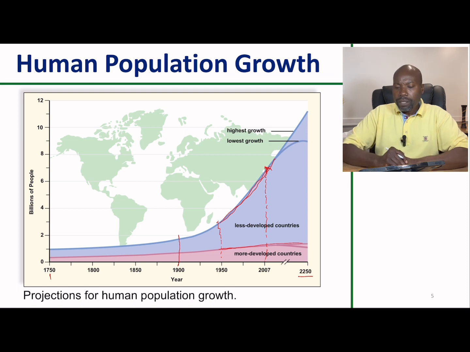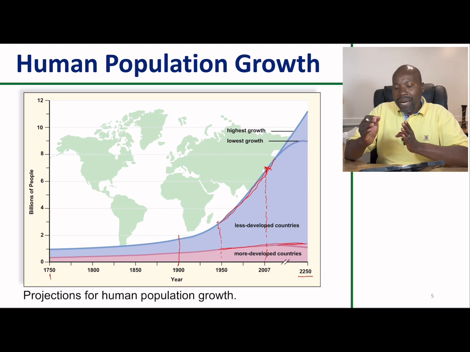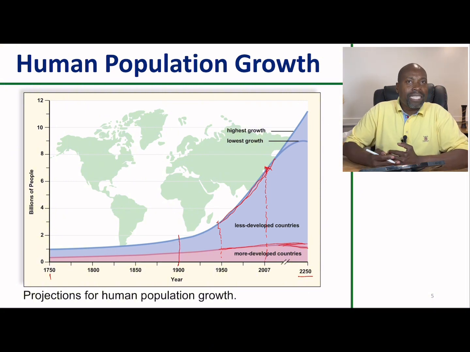So anyway, now going beyond 2024, if we extrapolate as to how the human population is going to grow worldwide, we see that the population in more developed countries will kind of reach a plateau, will start kind of going down. There are two possible predictions.